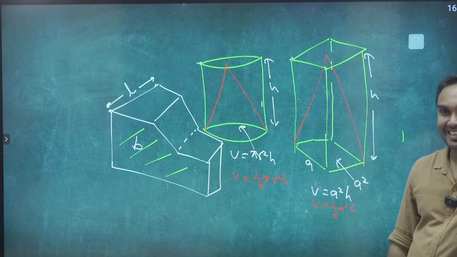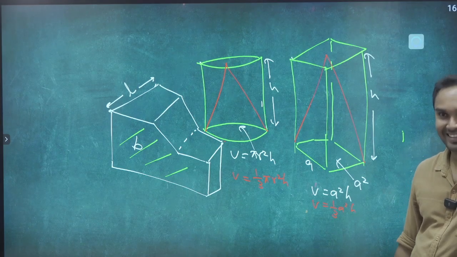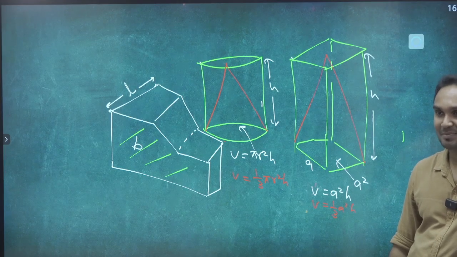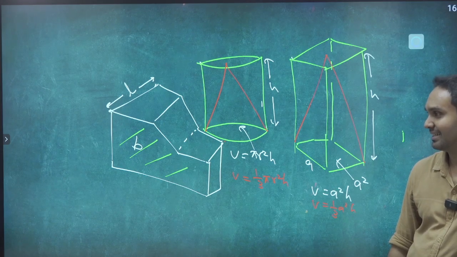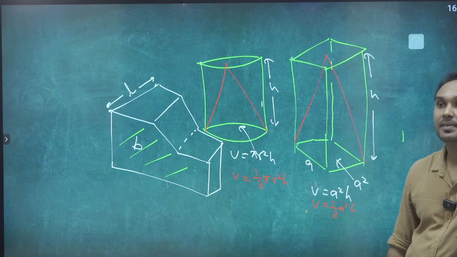So the cross-sectional area times the symmetrical length gives the volume of the complete object.